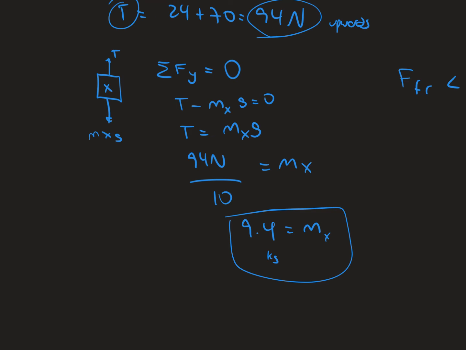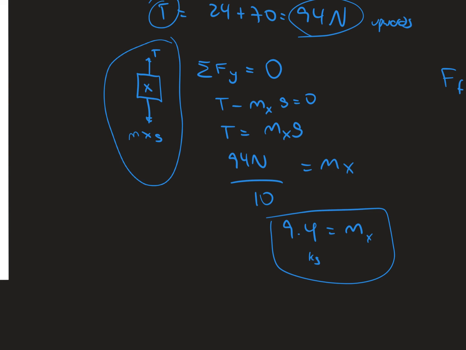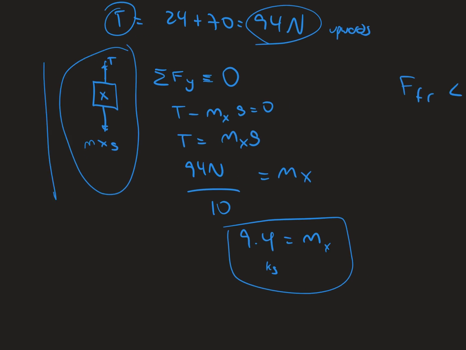So to find the mass of block X, we have to draw the situation. We have block X right here, with the tension going upwards and the weight going downwards. In this case, we do the sum of the forces in the y direction, and that's equal to 0. Therefore, tension is equal to the mass of block X times gravity.